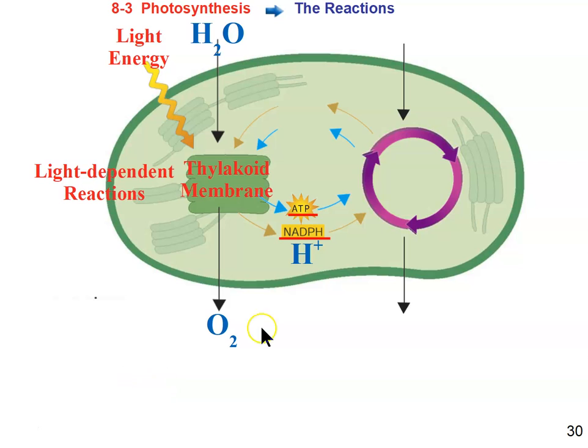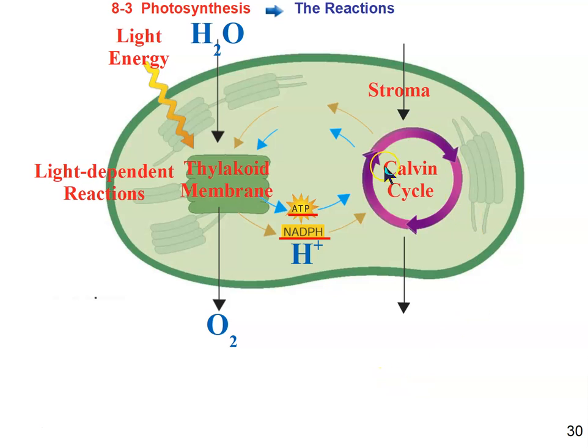Oxygen, just as a byproduct, ATP, which is chemical energy, NADPH, which is chemical energy in the form of electrons, hydrogen ions, that all goes to the stroma, the space that surrounds the thylakoid membrane. So all of this, the whole chloroplast, is filled with aqueous solution that we call the stroma. But of course there are enzymes in that stroma that carry out what's known as the Calvin cycle, or the light-independent reactions.